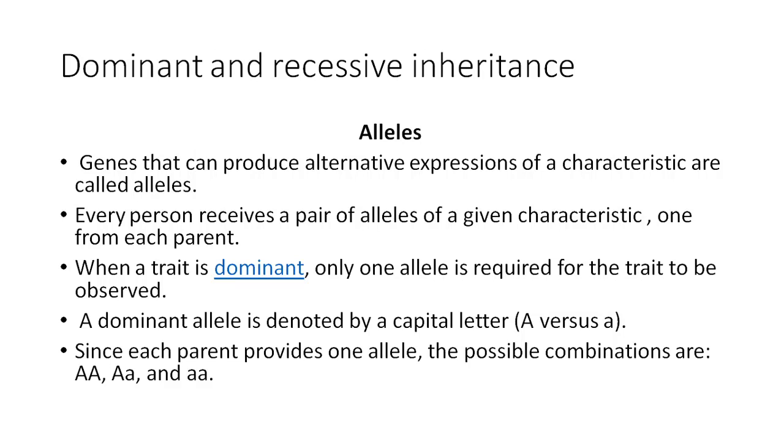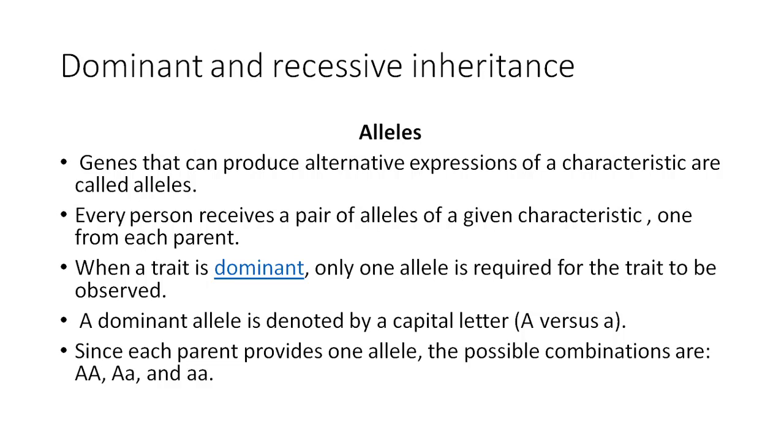Genes that can produce alternative expressions of a characteristic are called alleles. Every person receives a pair of alleles of a given characteristic, one from each parent. When a trait is dominant, only one allele is required for the trait to be observed.